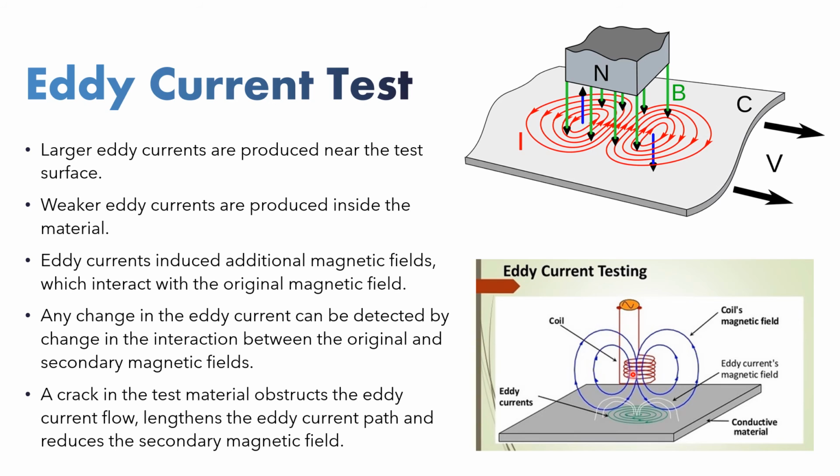And this is your coil, okay? On the surface, you can see the large eddy currents, and inside you're going to see the smaller ones. You're going to observe that current path. If it is taking longer, there is some sort of flaw or defect in that path. And you're not testing only the surface, you're testing the whole part, right?